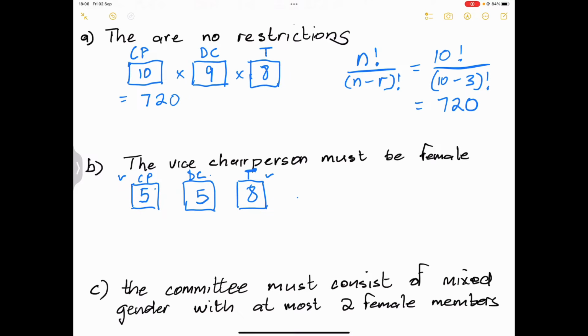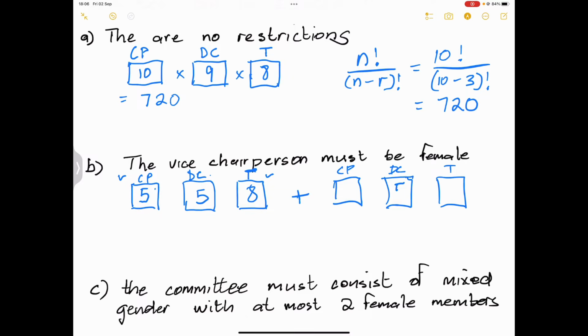Another possibility is, what if we take the chairperson as a female? That is still a real possibility. But remember, let's take chairperson, let's take deputy chair, and let's take treasurer. Let's start with the deputy chair.